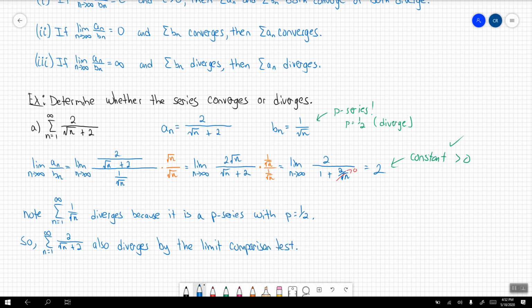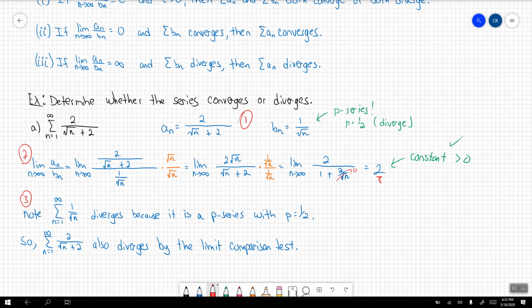All right. So again, what I'm going to be grading on, number one, I need to see that you define your functions here. What is a sub n? What is b sub n? Tell me what they are. Number two, can you put them into a limit, and can you extract what that limit will then be? Number three, now that you've extracted that limit, it's either they went to infinity, they went to 0, or they went to a constant that's greater than 0.